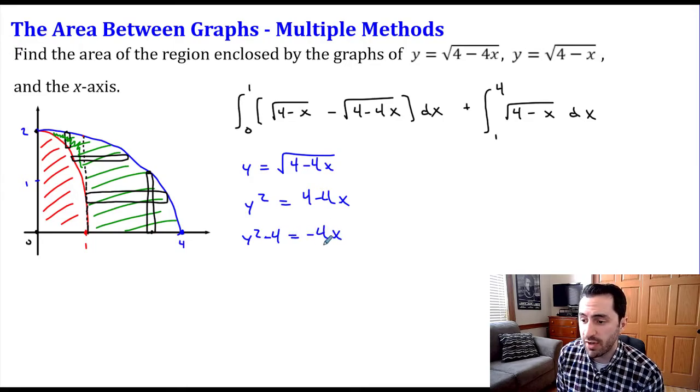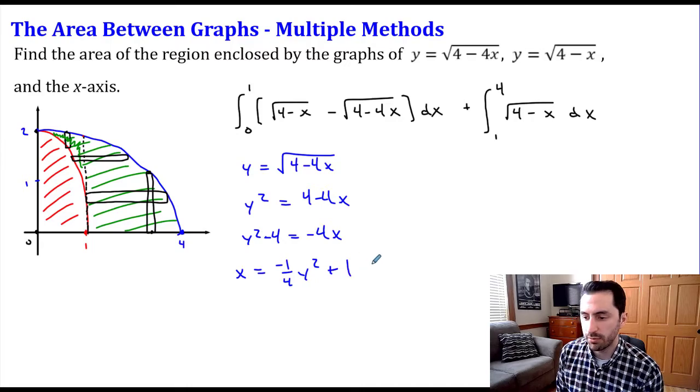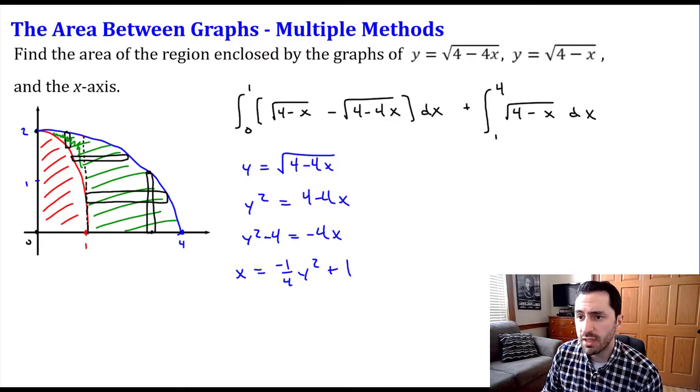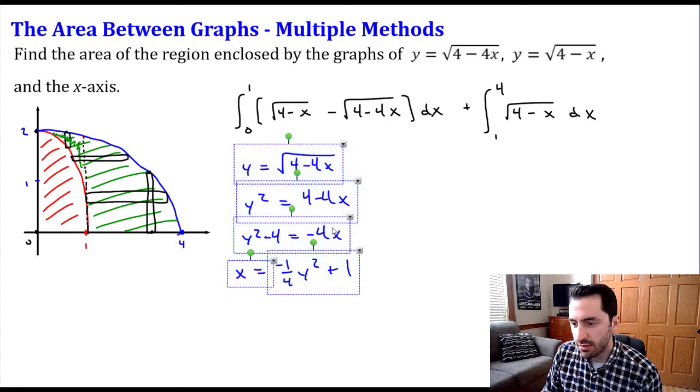And to finish up, dividing everything by negative 4, we get x is equal to negative 1/4 y squared plus 1. And just to keep things consistent, I'm going to put this in red because this represents our function here that intersects at positive 1.